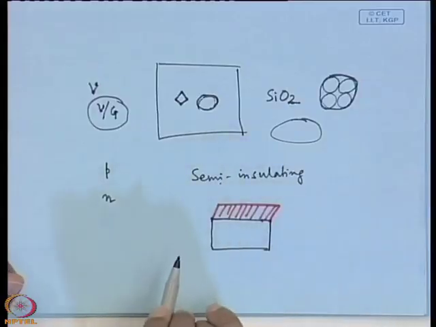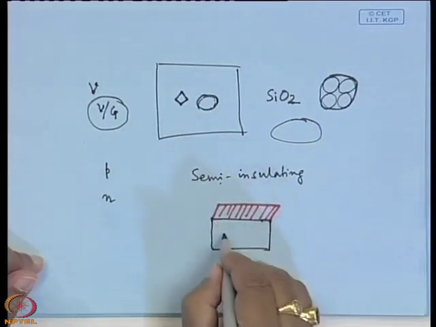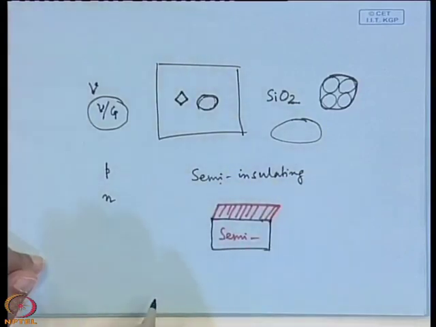So, that is why it is better that you grow the layer on a semi insulating substrate, then the contribution of the substrate will not be there on the epitaxially grown film. So, that is an advantage of the semi insulating substrate.